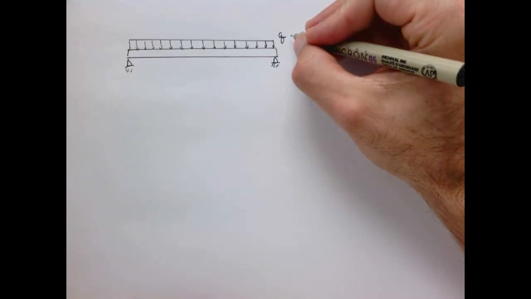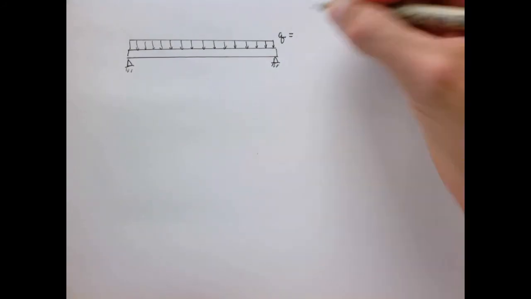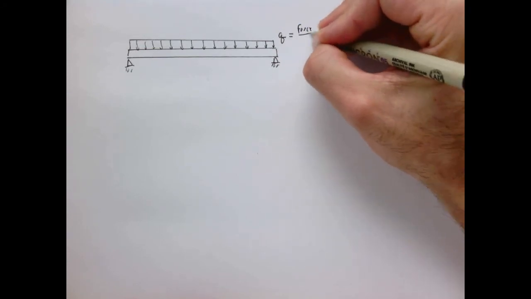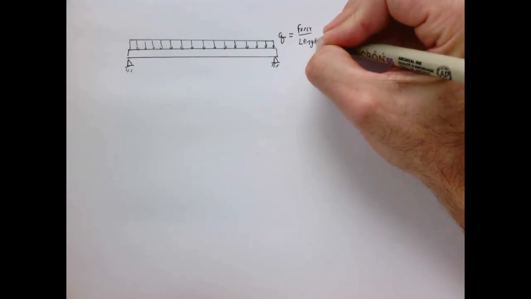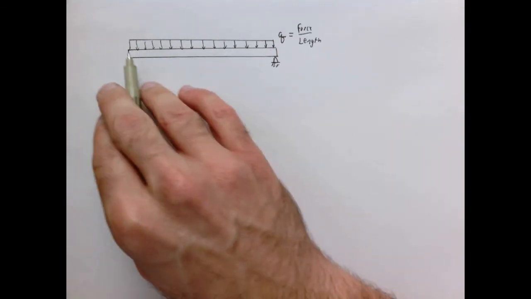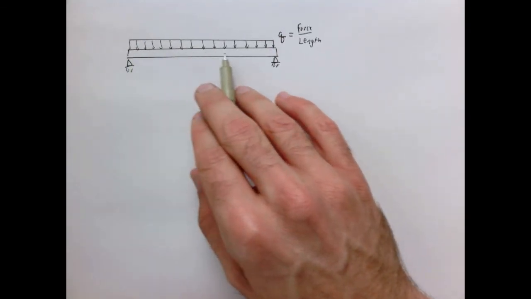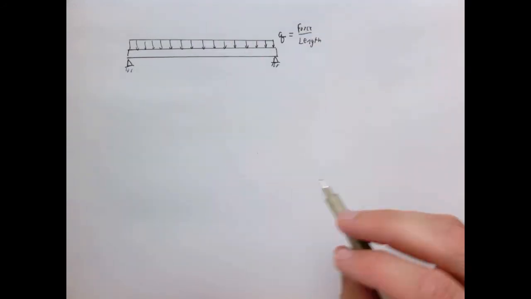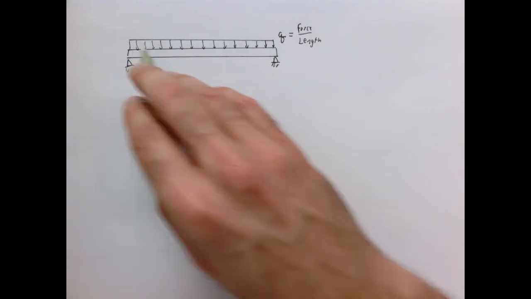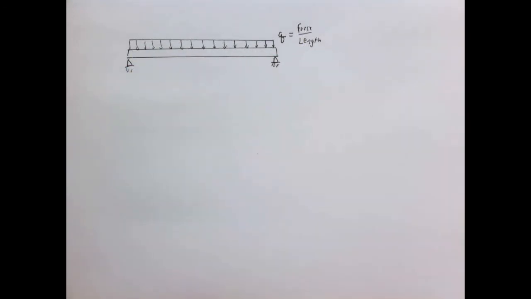Okay, so now let's do another example. In this case, I'm going to have a distributed load that I'm going to call Q. And what that means is this is really a force or a weight per unit length. So if you imagine a beam under its own weight, it's not a bunch of point loads, but a certain amount of mass per unit length with gravity pulling it downwards. So we're going to call Q a distributed load that's just given in units of force per unit length.